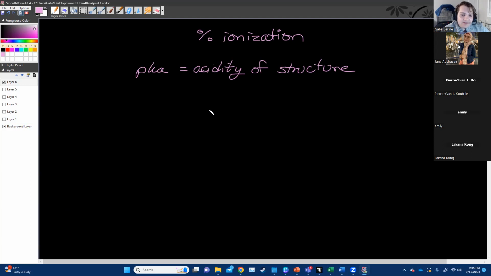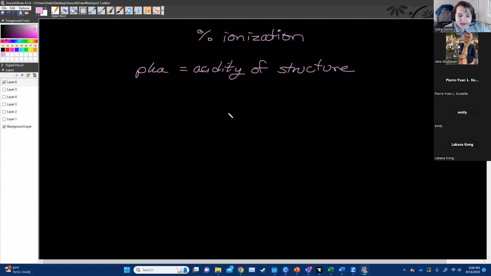And what we can say about pKa is that it is specific to that functional group. And where that pKa is, how the charge of the structure changes is dependent on pH. So what do I mean by that?